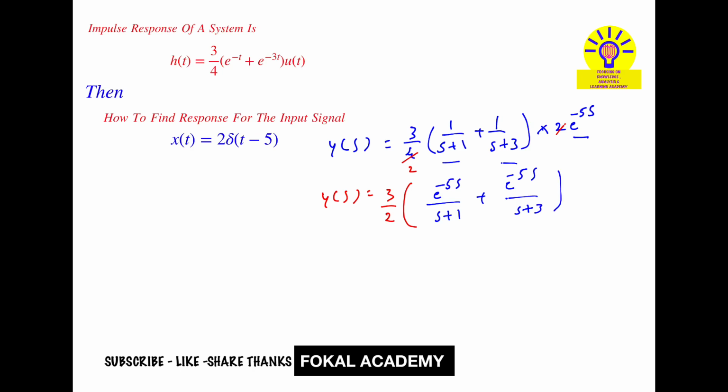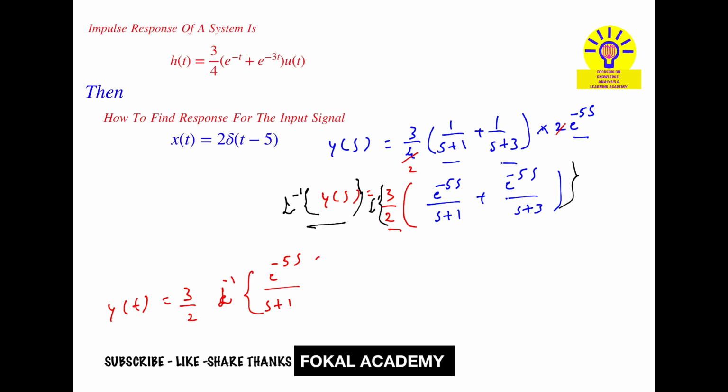Now apply the inverse Laplace transform for each term. So Y of t equals 3 by 2, which is a constant, kept outside, times the inverse Laplace transform of e power minus 5s upon s plus 1 plus the inverse Laplace transform of e power minus 5s upon s plus 3.